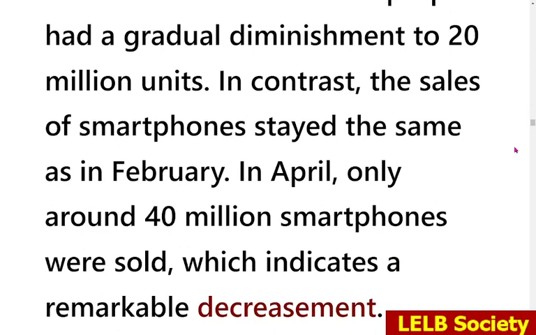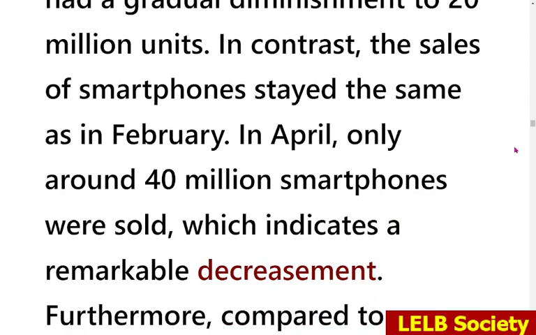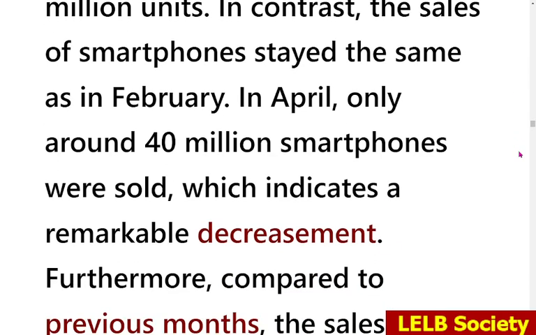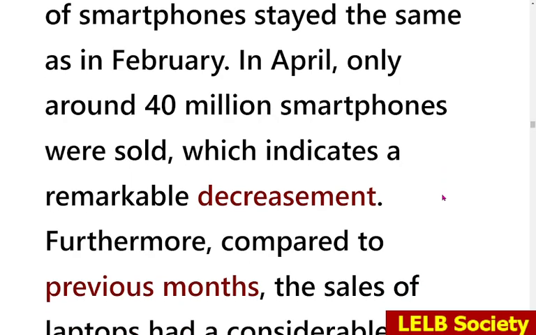In April, only around 40 million smartphones were sold, which, and this is the correct form of using that, indicates a remarkable decreasement. I noticed that decreasement is quite uncommon in English.